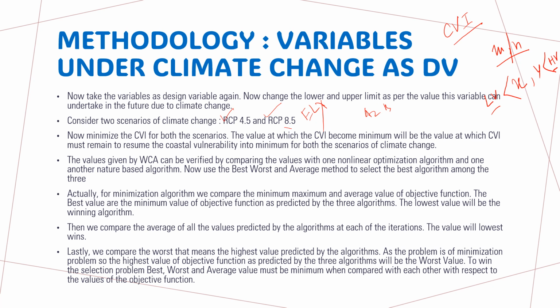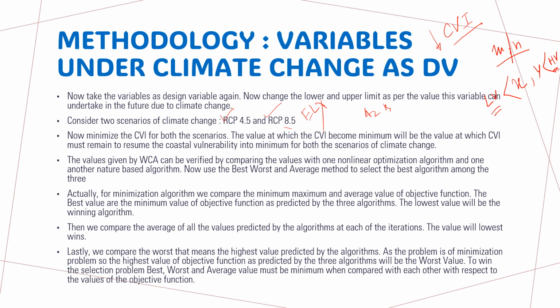So at that juncture, based on the values of the variables for RCP 4.5 and RCP 8.5, only the lower value and higher value have been changed. And then again x's and y's are considered as design variables, and CVI is minimized. Okay, and M and N are constant, as determined at the first instance.